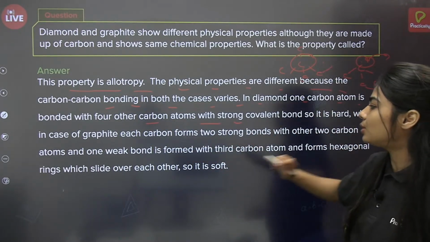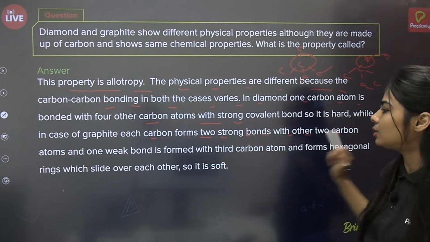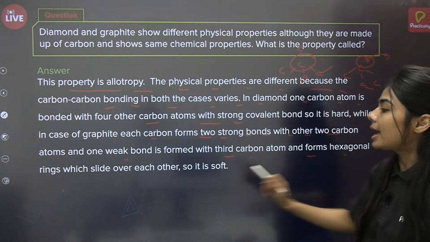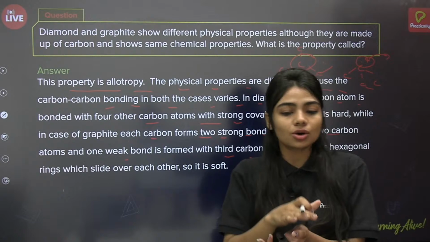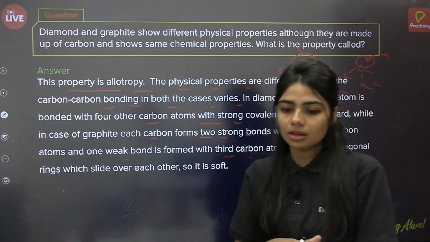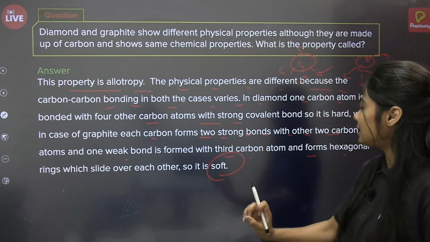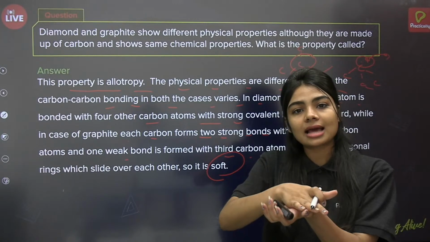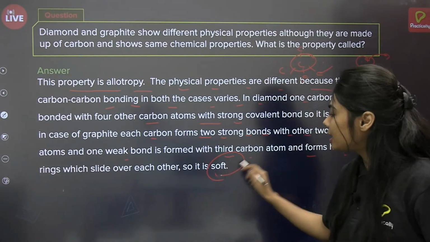In graphite, each carbon forms 2 strong bonds with 2 other carbons and 1 weak bond with the 3rd carbon, and forms hexagonal rings which slide over each other, so it is soft. The reason is its structure.